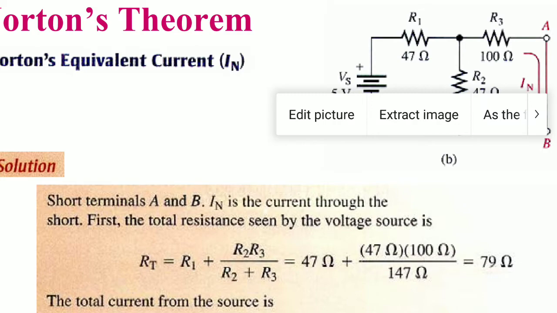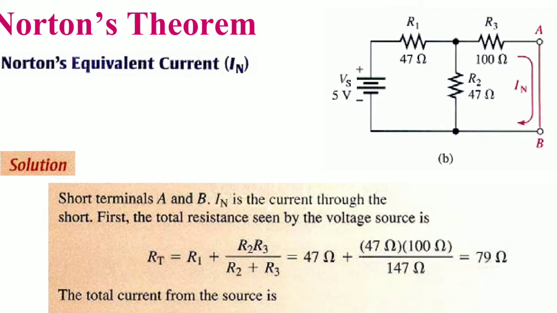Solution: short the terminals A and B. IN is the current through the short.